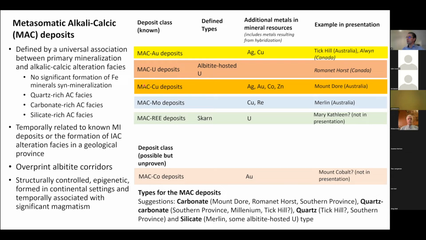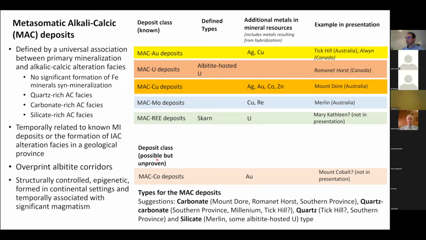A group that is rich in copper, Mont d'Or in Australia would be a good example of that. A group that is rich in molybdenum, with the Merlin deposit in Australia being a good example of that. And potentially a group that has rare earths, but also uranium, maybe Marie-Kathleen, but this would remain to be confirmed.